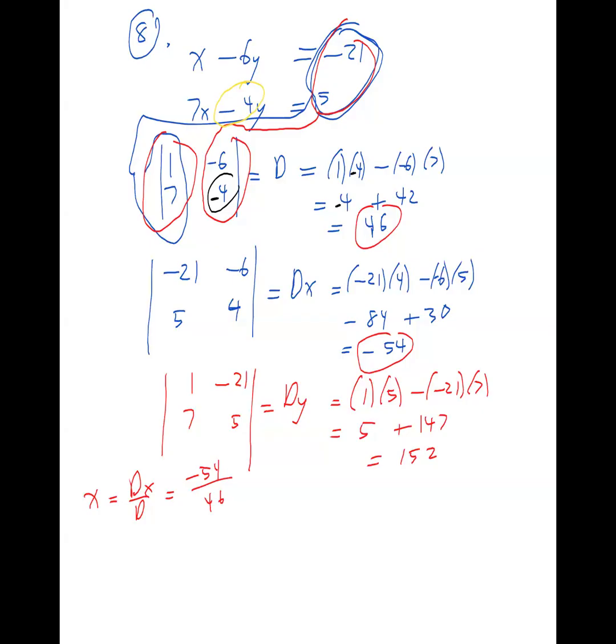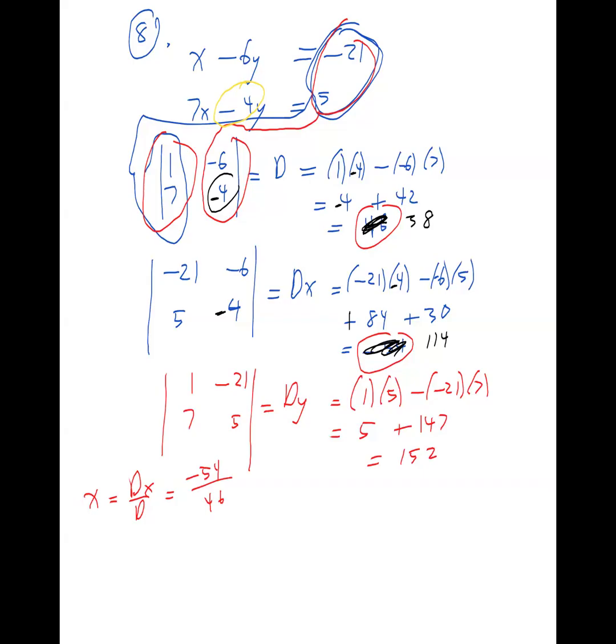So negative 4 plus 42 actually should have been 38. And this also should have been a negative 4. So that means that this one should have been a negative 4. So this one should have been a positive 84. So it should have been 84 plus 30, which actually should have been 114.